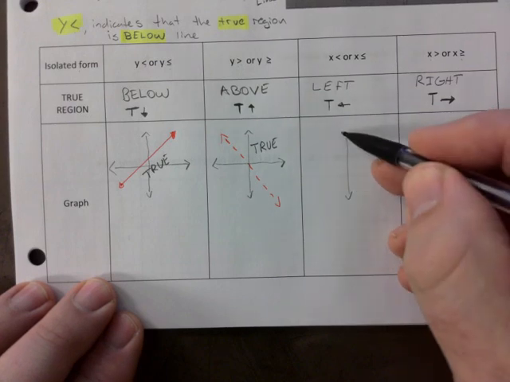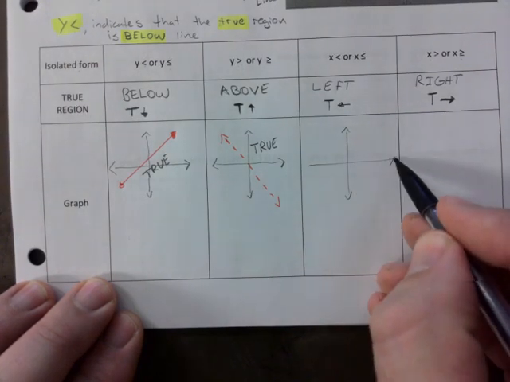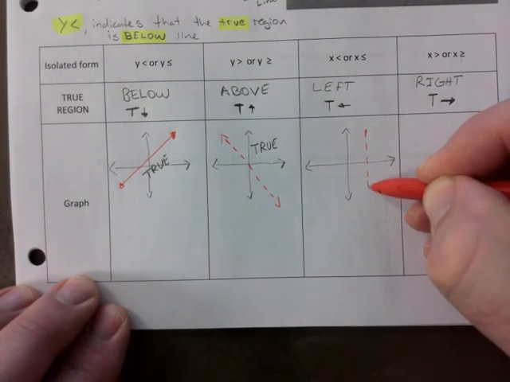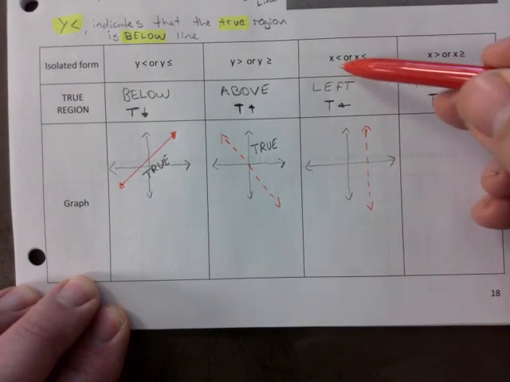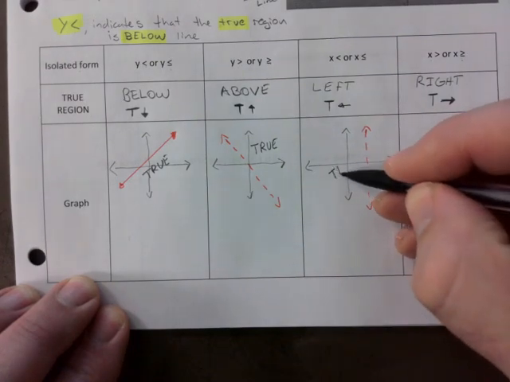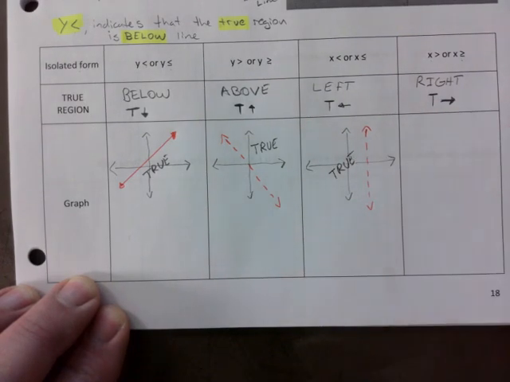So let's do these two as well. Let's say you have a dashed line going here. You end up with a vertical because remember, it's just x. X is the only thing that's left. And here you would say, the true region is to the left of the line.